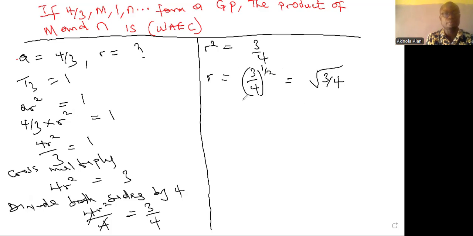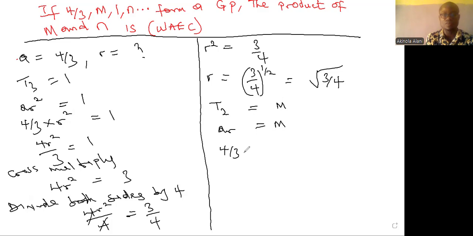Now, from here, my m is the second term. Second term, that's T2. T2 is equals to m. Now, the second term is given by the formula AR. That means AR is equals to m. I know my A and I know my R. My A is equals to 4 over 3.